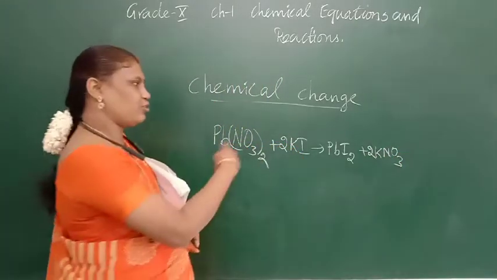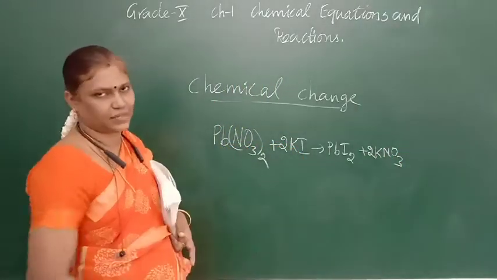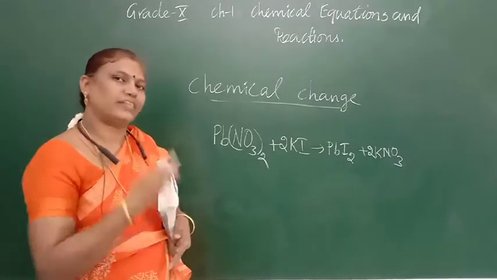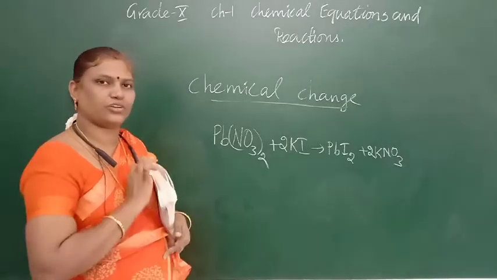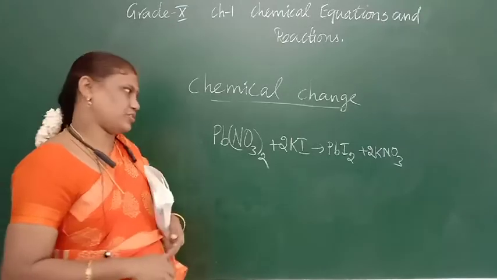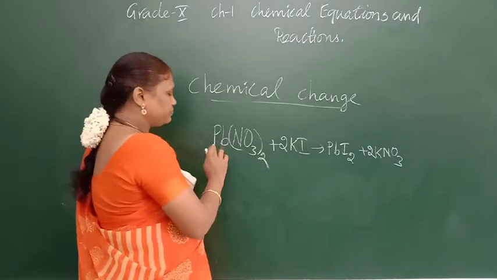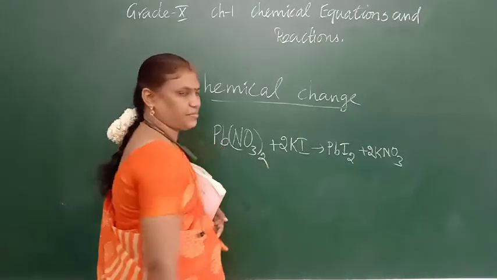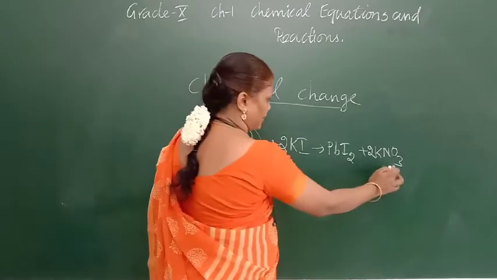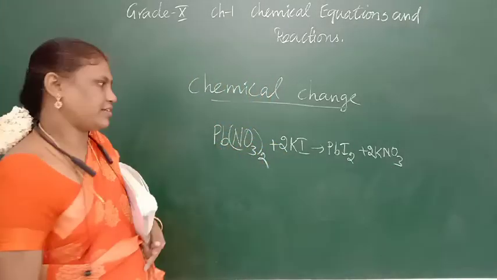To balance the equation, I am balancing it. You try to balance the equation. Always when you are writing, write the balanced equation. So lead nitrate, when it reacts with potassium iodide, becomes lead iodide plus potassium nitrate.